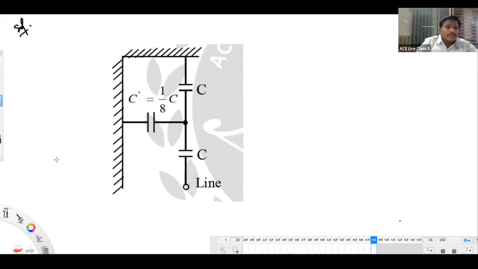Solution. See this. This is the V1 value and this is the value of V2. Disc 1 and disc 2 voltages I am calling V1 and V2. Which voltage should be 17.5 among the two? For example, if you take V1 as 17.5, V2 will come more than 17.5, which is a violation of the statement.